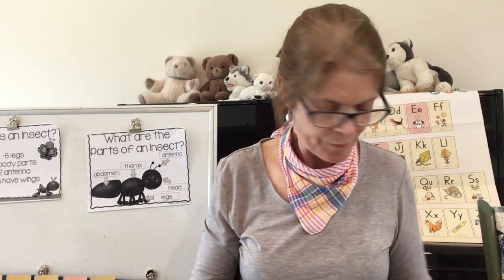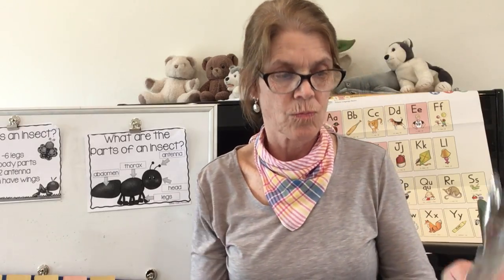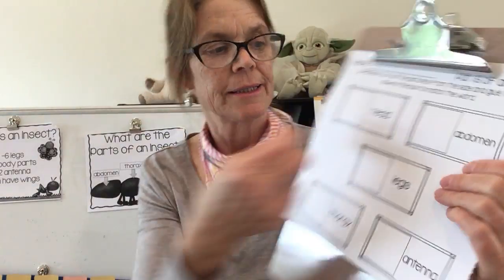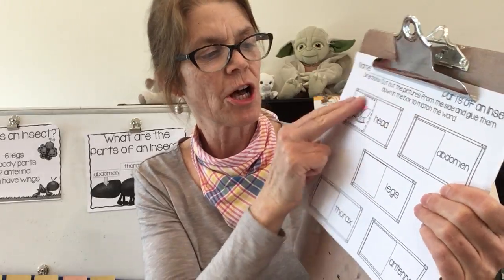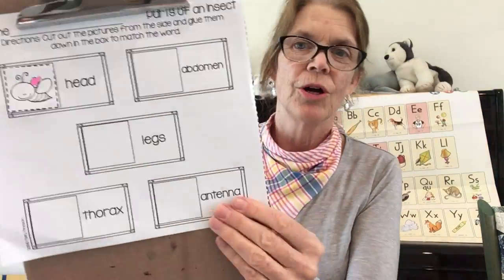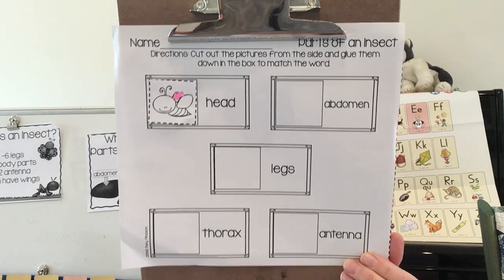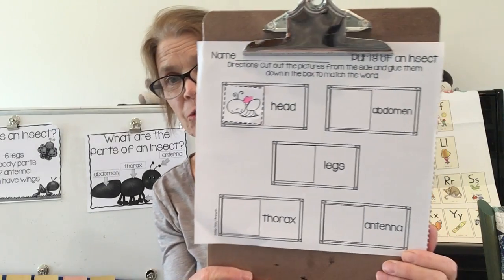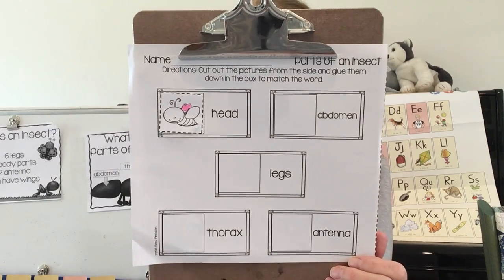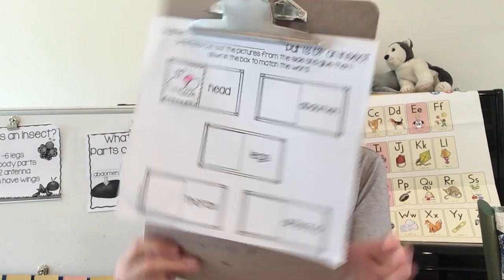Glue stick. And glue it on. Now, for the rest of this sheet, you will need an adult to help you finish, to help you read it. When you're done, you can color this insect.